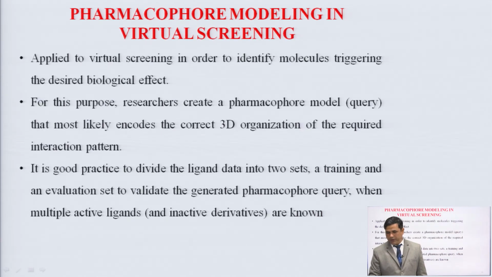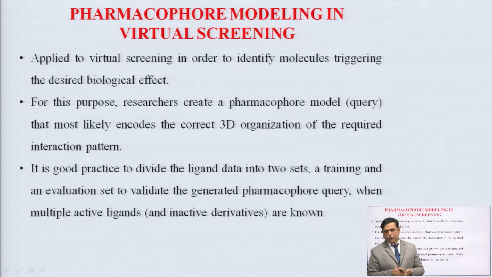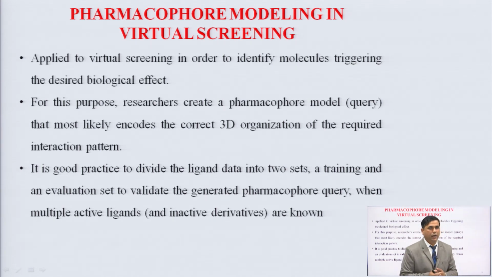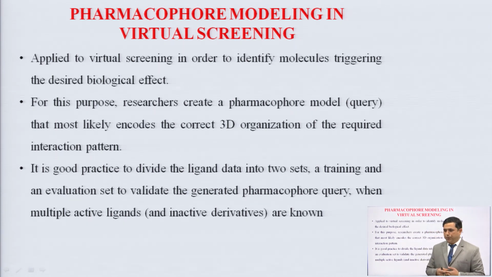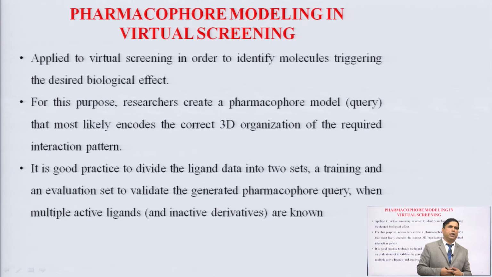lead compound discovery. Next thing is pharmacophore modeling in virtual screening. So, what can we do with the help of pharmacophore modeling in virtual screening? First, in the virtual screening, we screen the compounds in order to identify the molecules with the desired biological effects.